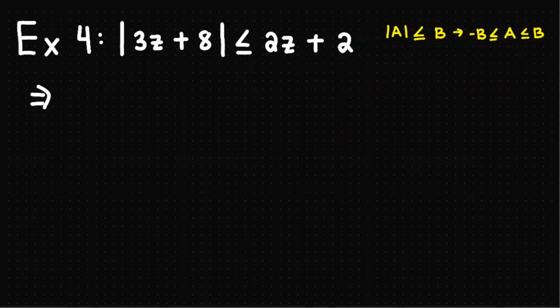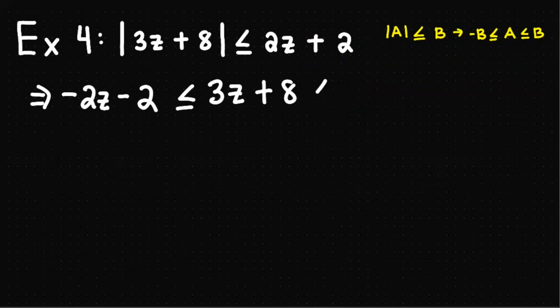So we can write this one as 3z plus 8 is from the negative of 2z plus 2. So that will just be negative 2z minus 2 up until the positive version. So that will be just 2z plus 2.